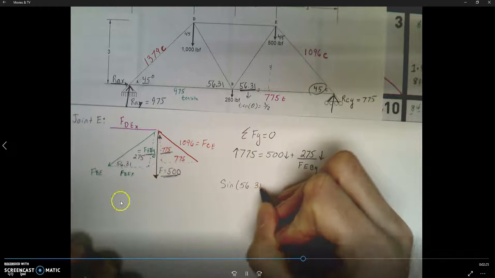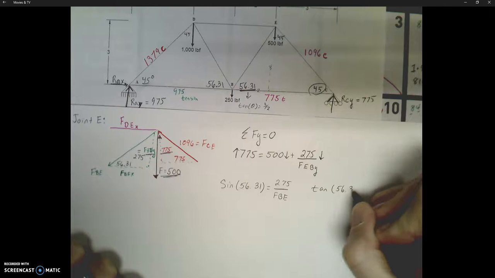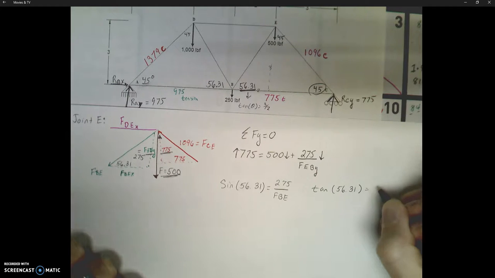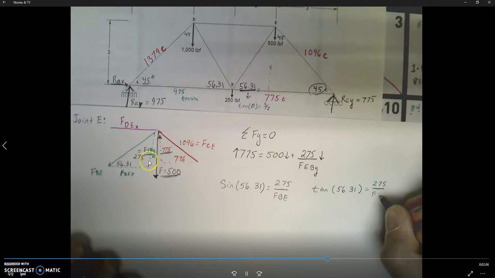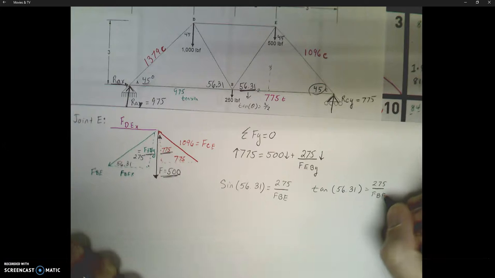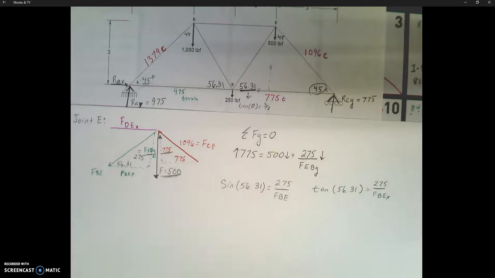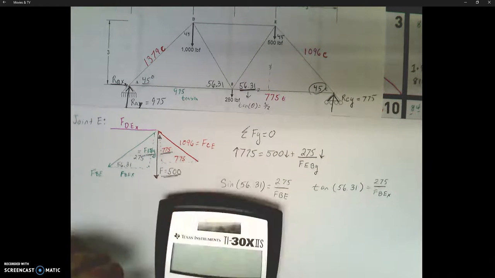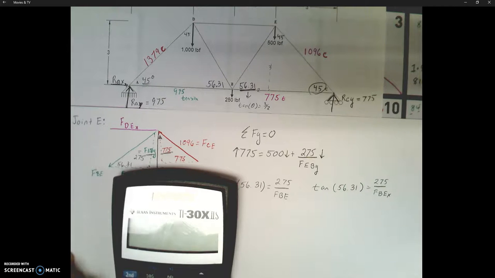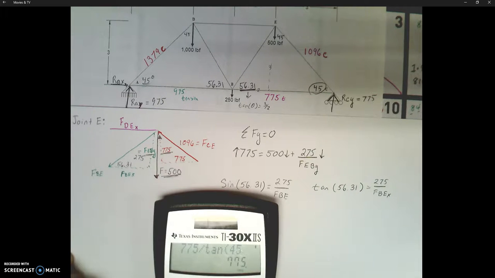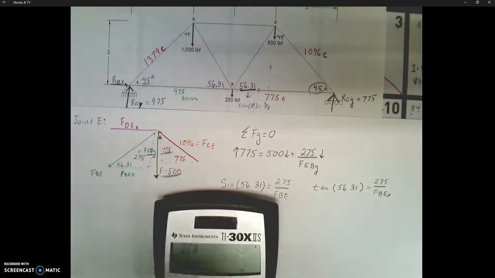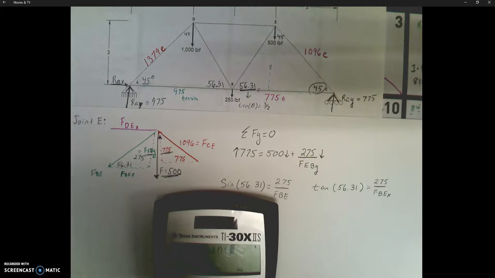You have got that. So now we have two equations. We have the sine of 56.31 equals the force. So we're going back to this green triangle. We've got the force of EBY, which we knew was 275, over the hypotenuse, the force of BE. And then we can solve for the adjacent by using the tangent. So the tangent of that 56.31 is equal to the opposite, 275, over the force of BE in the X direction. So punch that in the calculator with the first one.